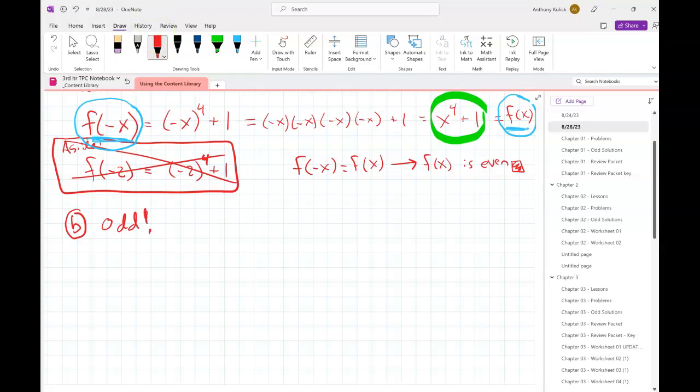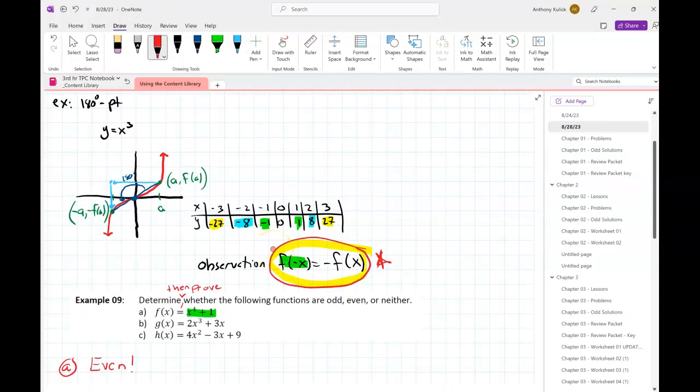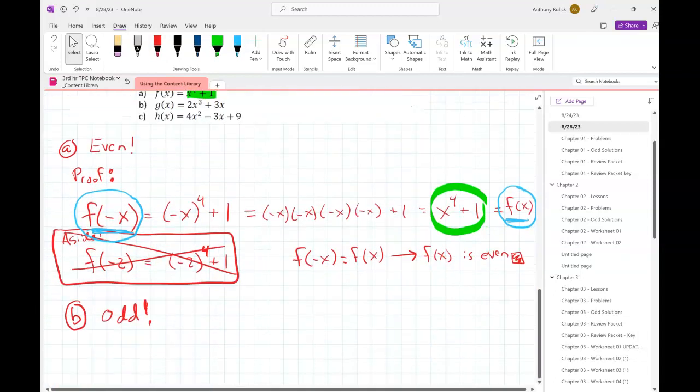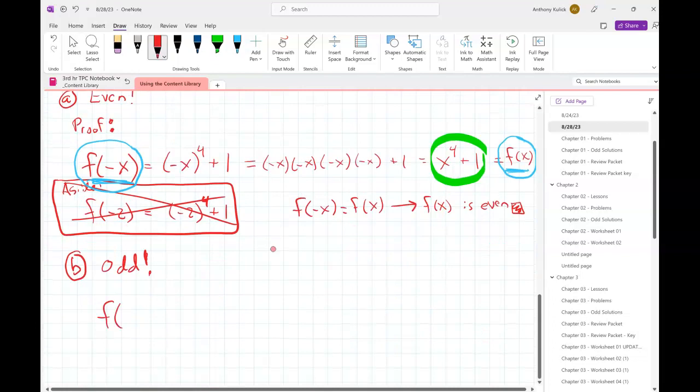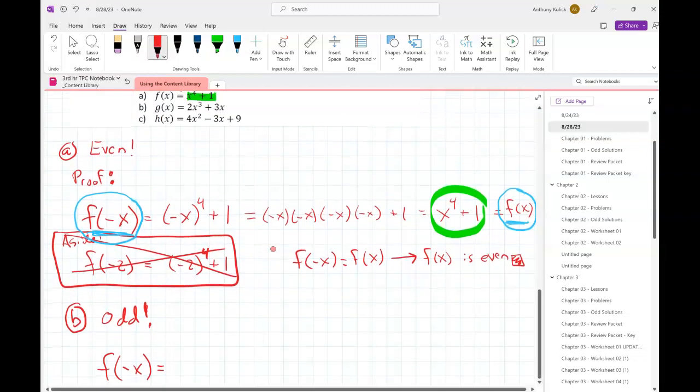Now let's look at what we need to show to be odd again. We need this, right? That f of negative x is equal to negative f of x. So we're going to start the same way. So what are we going to do if we have f of negative x? What do we have to write? Go back to the original equation and replace all the x's with negative x's, right?